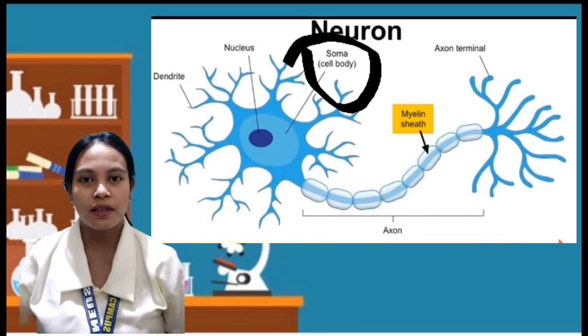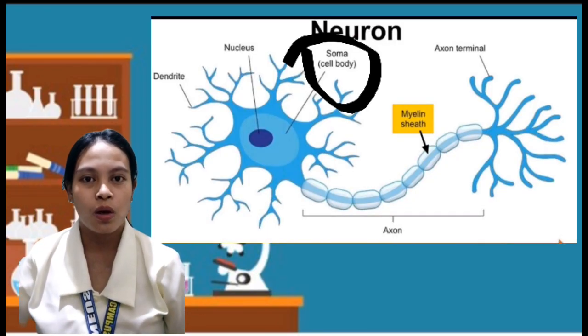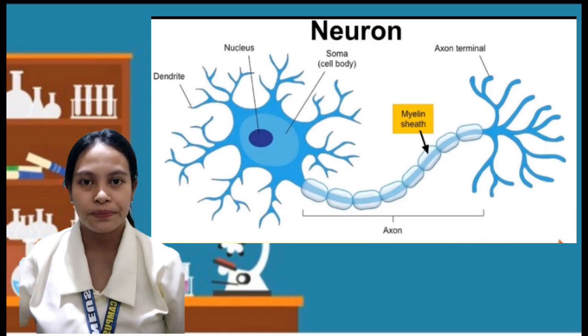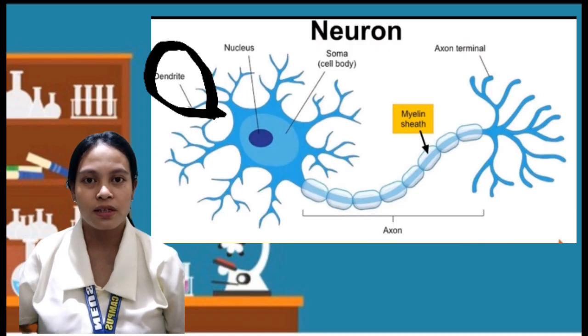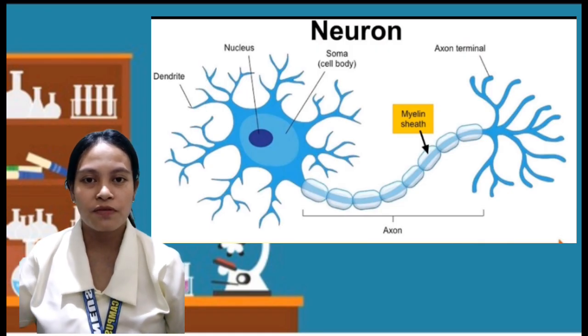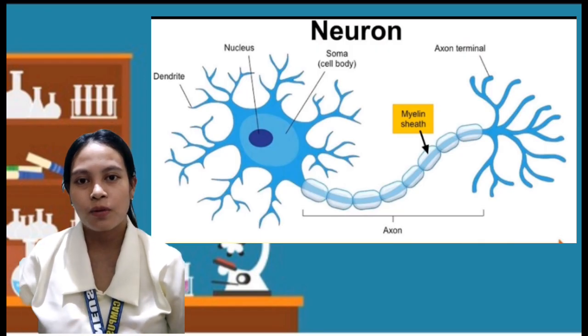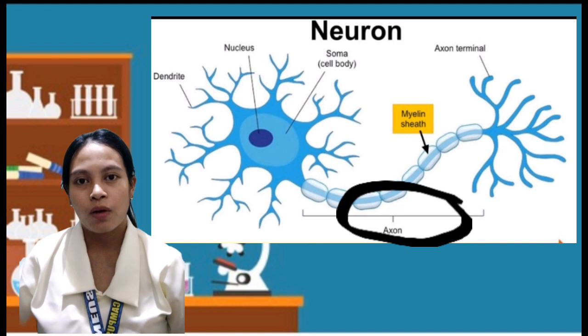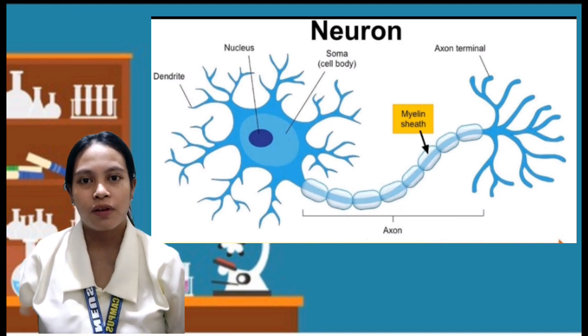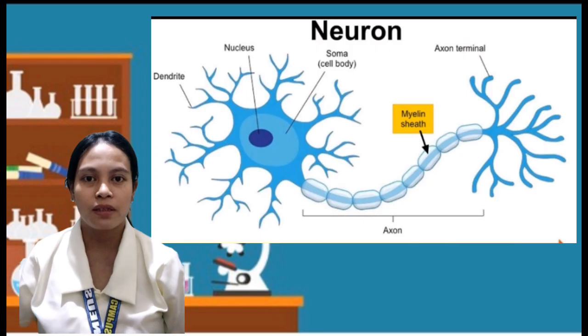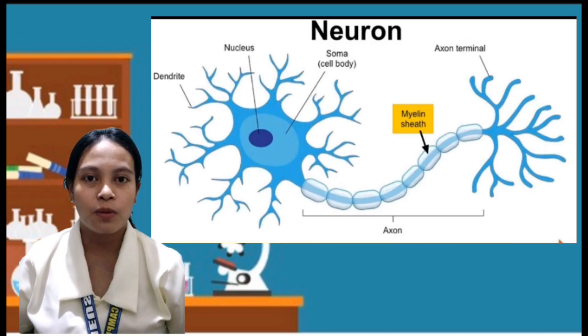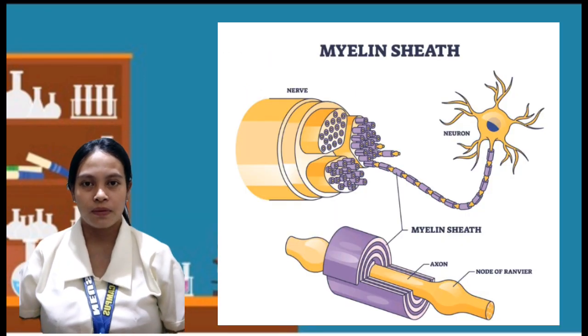The cell body is like any other cell with a nucleus, the control center. The dendrites receive signals from other neurons, allowing the neuron to process and integrate information, while the axon carries electrical signals away from the neuron's cell body to transmit information to another cell.